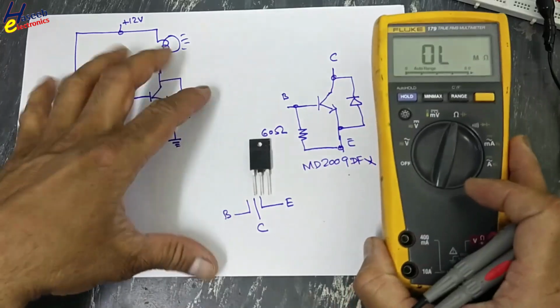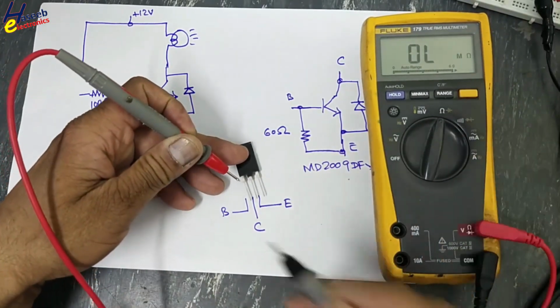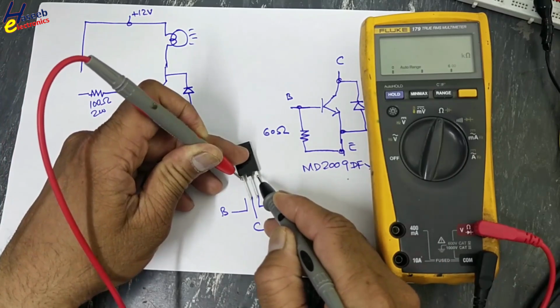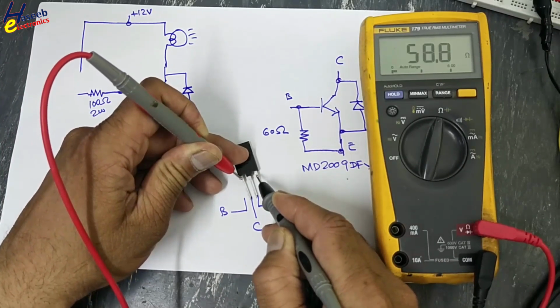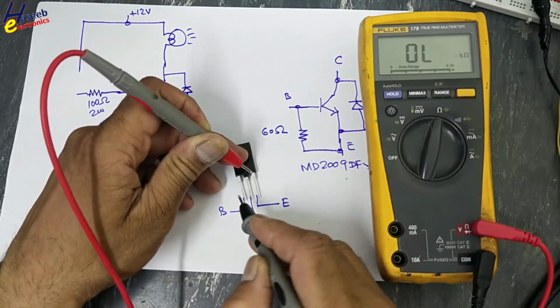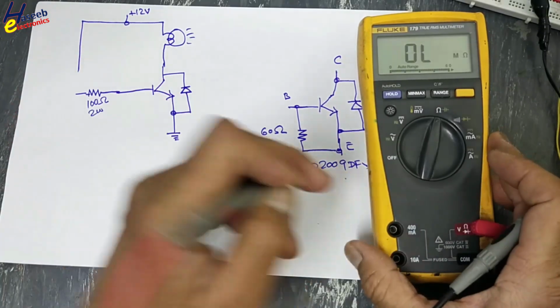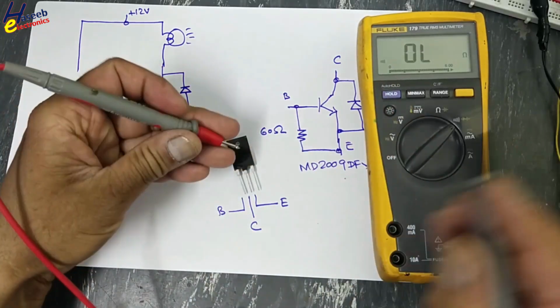If I check with this second multimeter, resistance, it is showing 58.8. In reverse order, the same. Now first I will check in continuity.